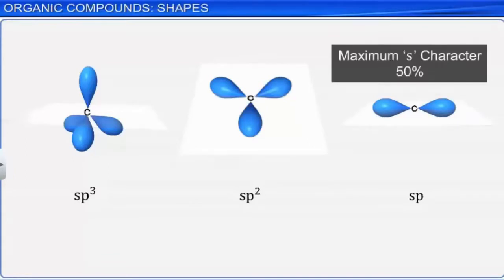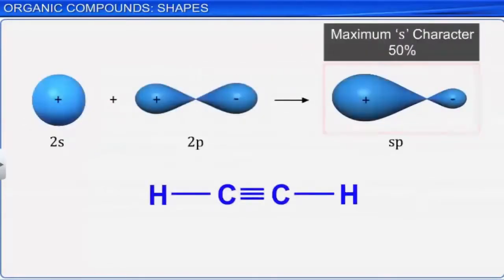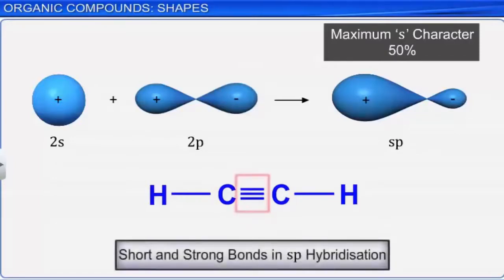Greater is the s character, closer is the orbital to the nucleus, and hence higher is the electronegativity of that carbon. Also, these effects result in shorter hybrid orbital, shorter bond length and greater bond strength of the bonds formed by sp hybrid orbital.